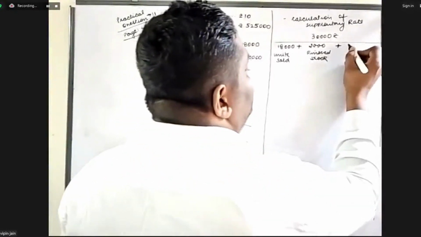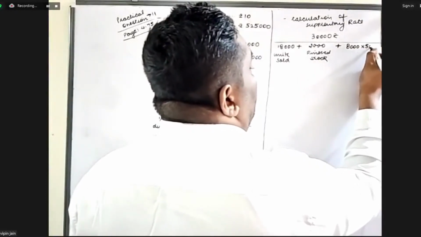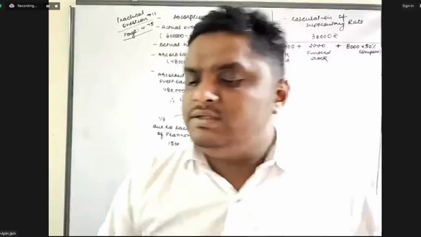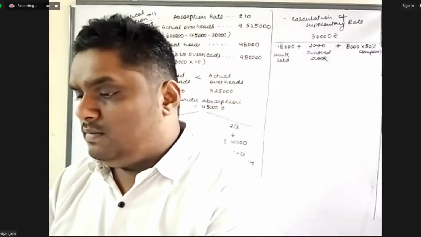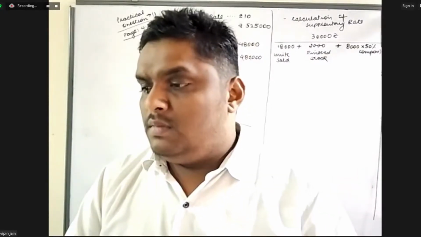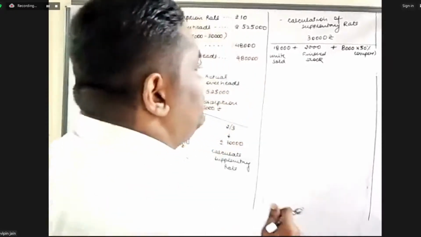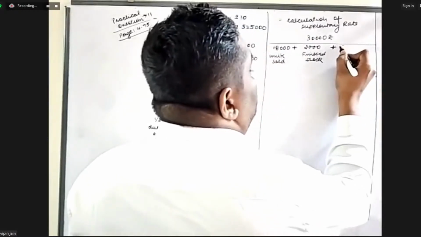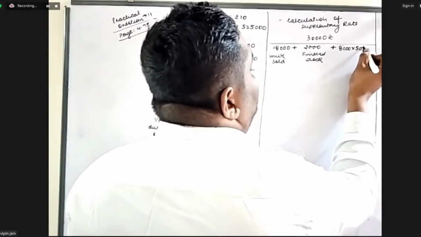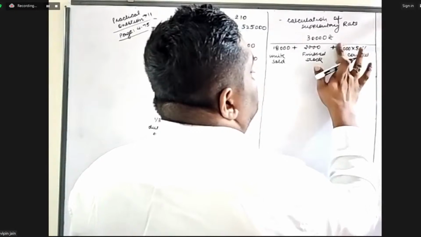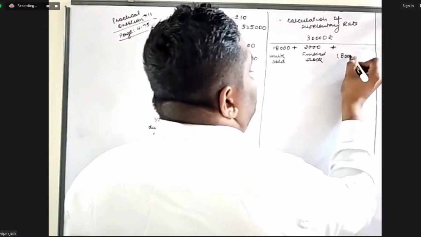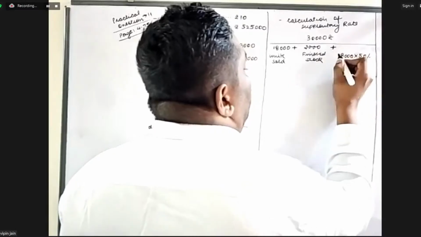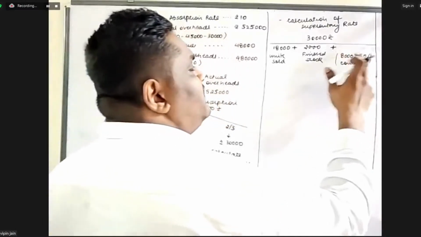See, 8,000 units are 50% complete. So the equivalent number of units will be how much? 8,000 into 50%.